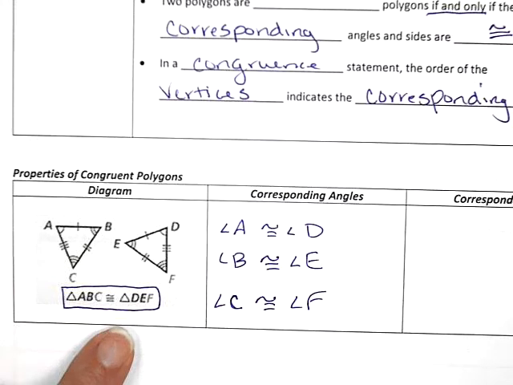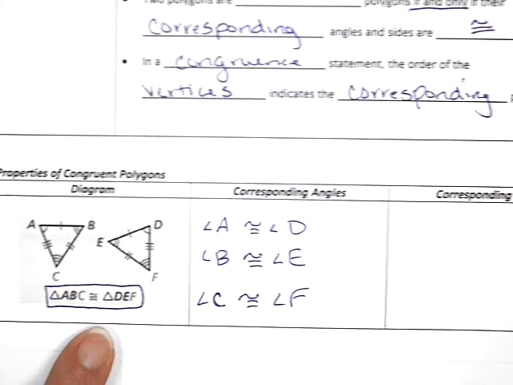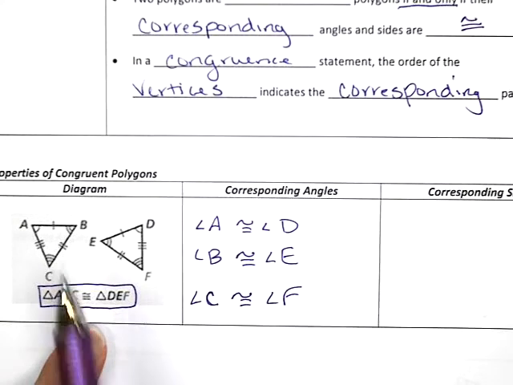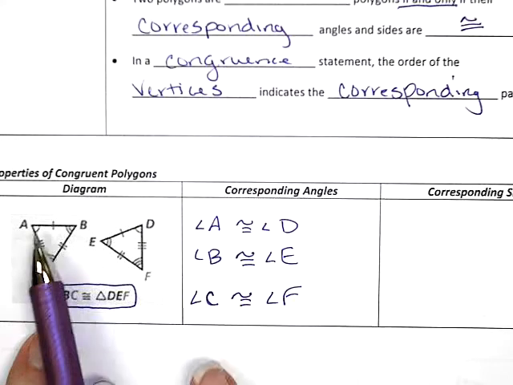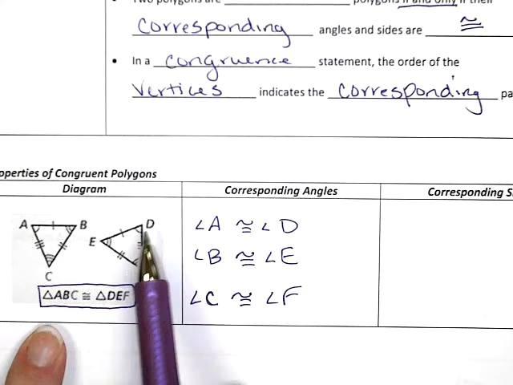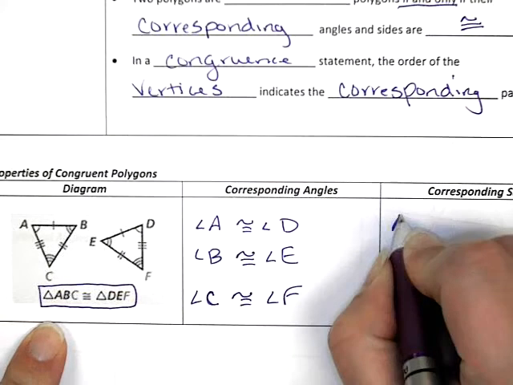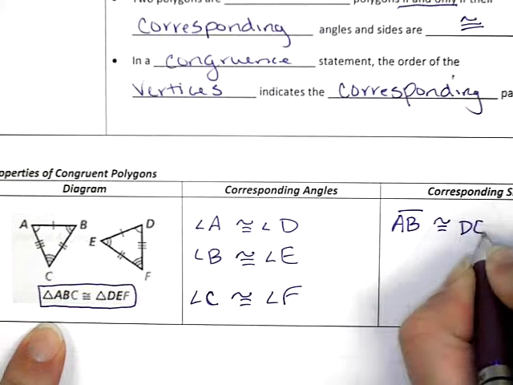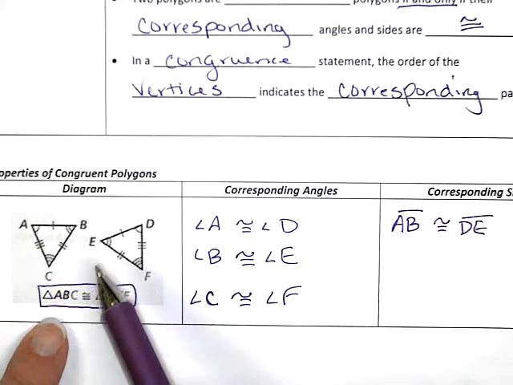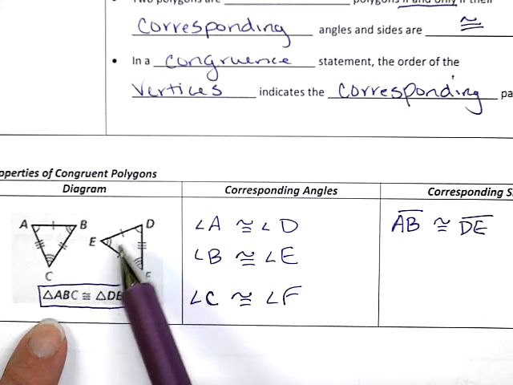All right. When we're looking at the corresponding sides, we can do the same thing. We can either look at the tick marks that are on the figure, or we can look at the order of our congruence statement. So when we look here, AB has one tick mark, DE has one tick mark. Notice that I did say DE, even though if we go from left to right, it does say ED.